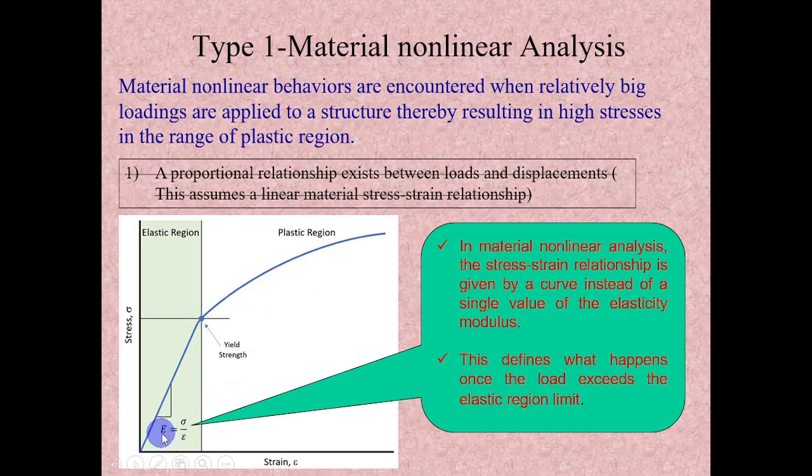In a linear analysis, we just use a Young's modulus. There is no need to define the curve, but in nonlinear material analysis, we have to define this curve to do the analysis. It defines what happens once the load exceeds the limit of the elastic region. Accordingly, it will calculate the Young's modulus and account for it in our analysis.